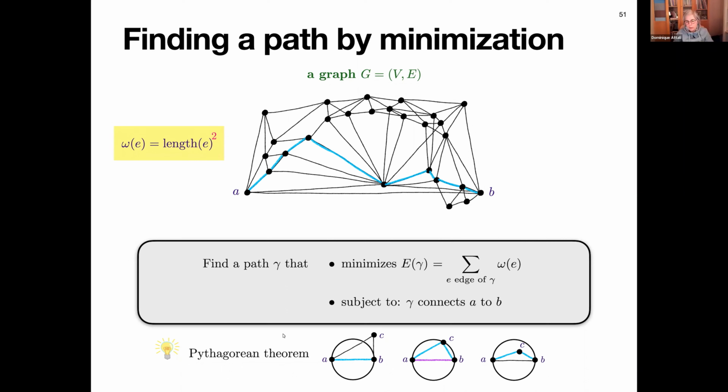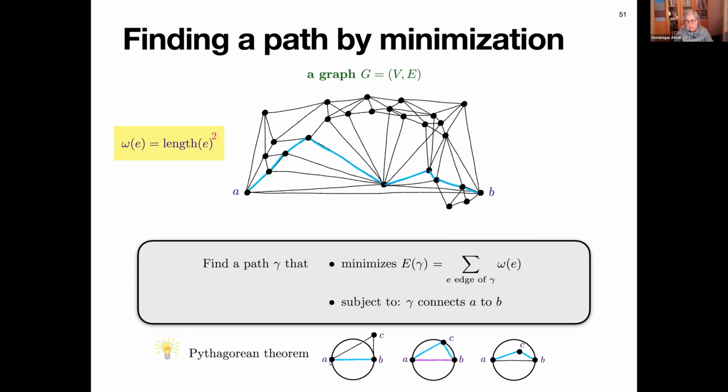And here, try to compute the shortest path connecting A to B. Imagine that you have 3 points, A, B, and C. And C is outside the disk with diameter AB.